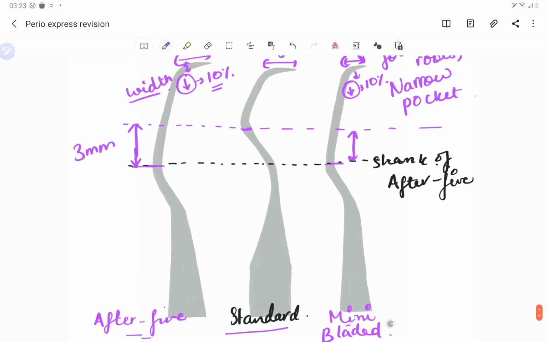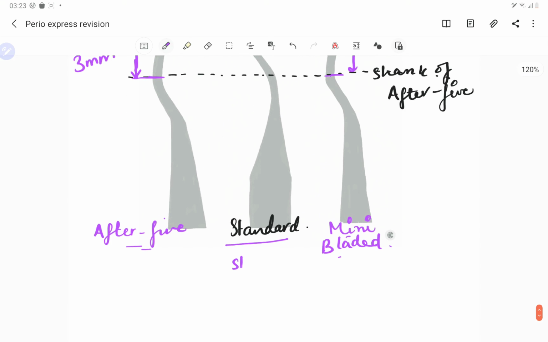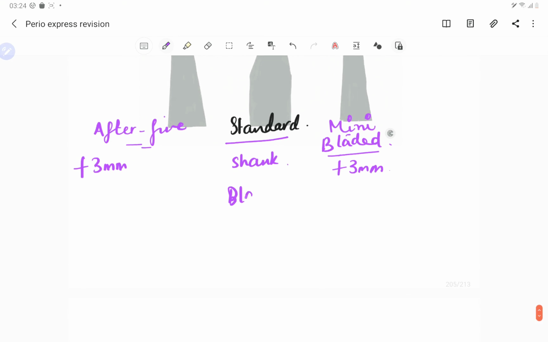So if we make the difference, now this is a standard shank, and after 5 is a plus 3 millimeter elongated shank, and the shank for mini blade is again plus 3 millimeter, which is elongated. Blade width, we have also covered that.